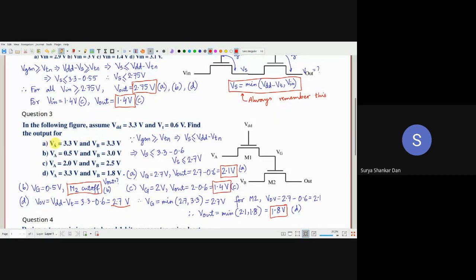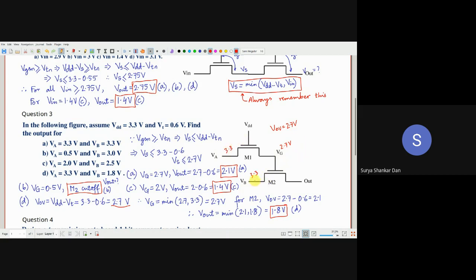Okay? So see, VA is 3.3. So what will VG be? 2.7 volts, because VOV happens to be 2.7 volts. Okay? So here also 2.7 volts came. Now this is VG over here. Okay, now what is VB? VB is 3.3. VA was 3.3.